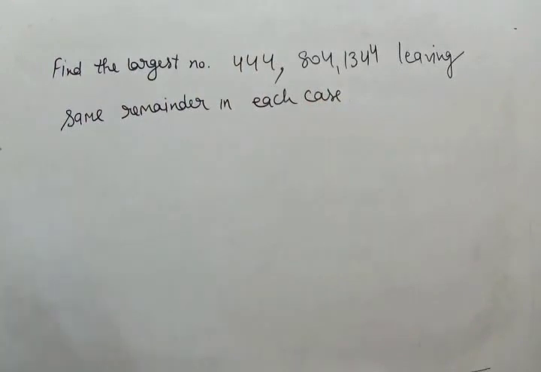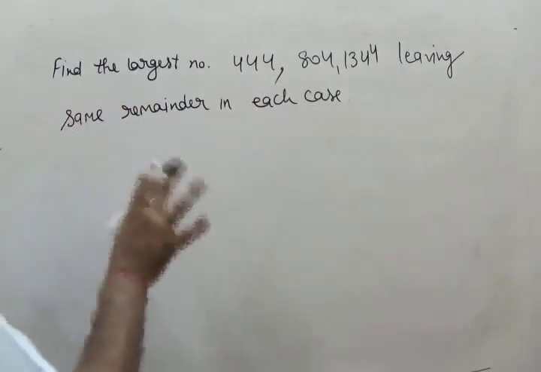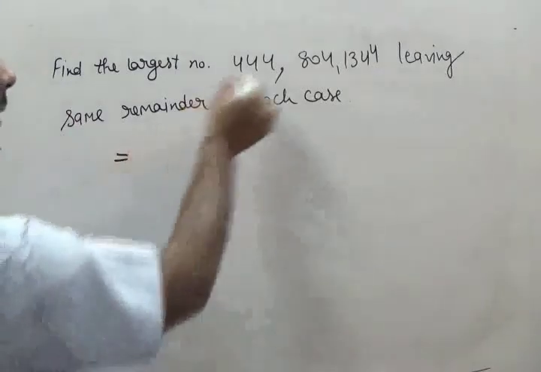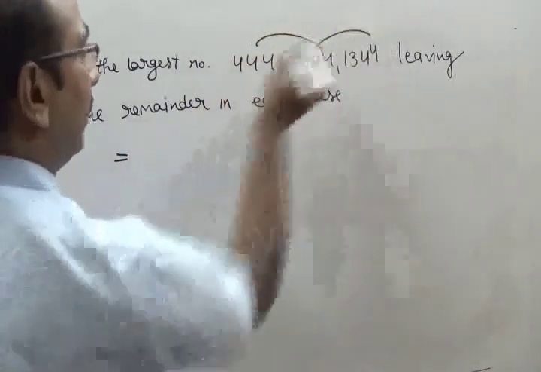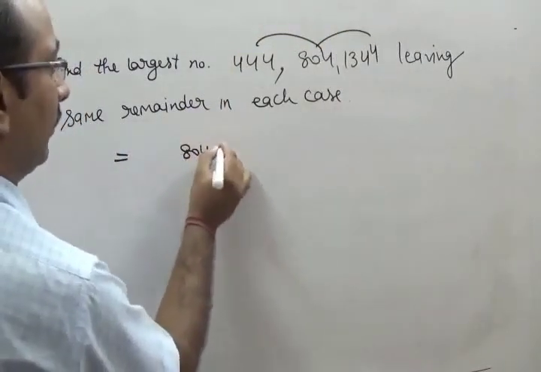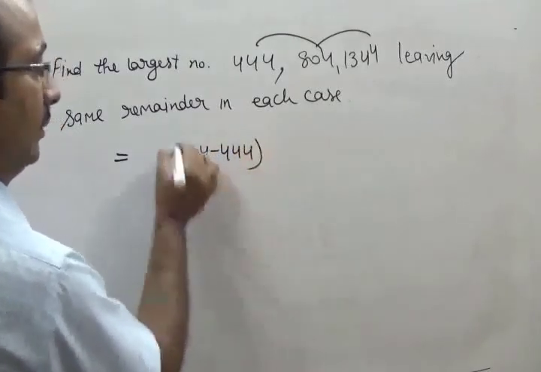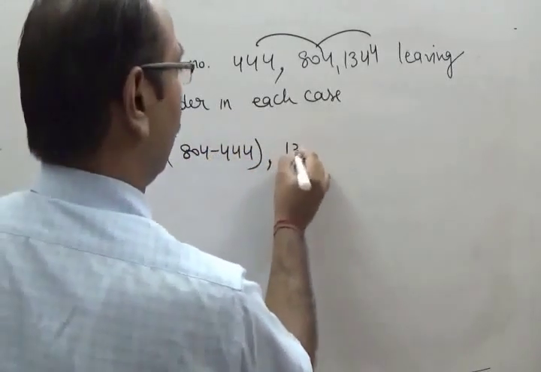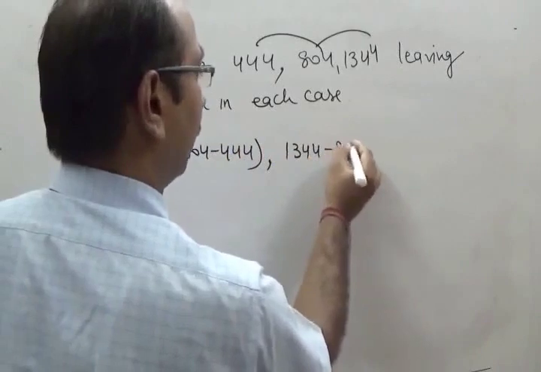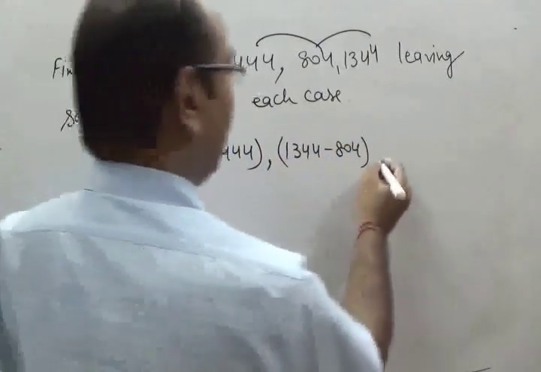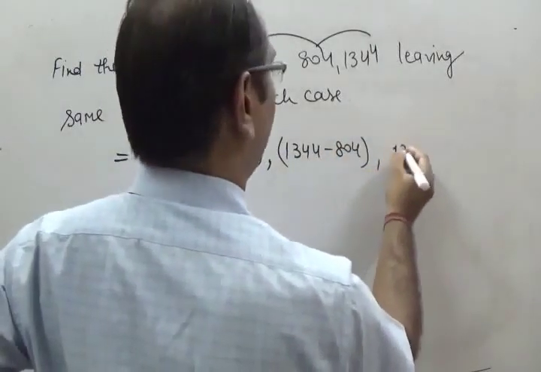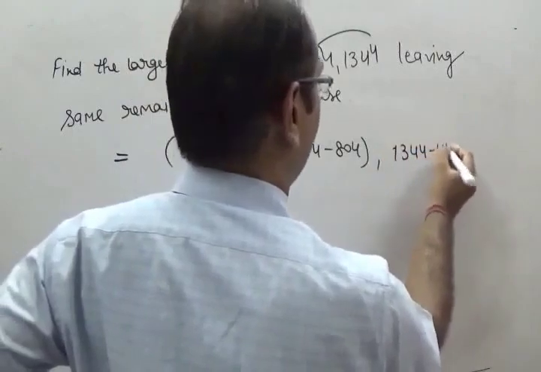Now if you have to answer this question, what approach can I apply? I can simply take the differences in pairs. 804 minus 444, one pair. The second one is 1344 minus 804. And the third pair is 1344 minus 444.